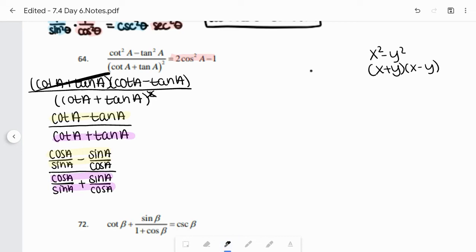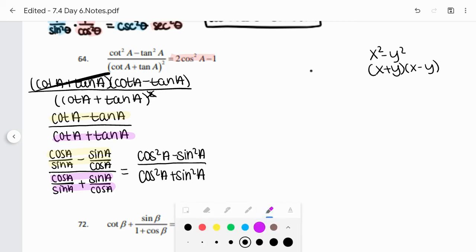Okay, so now I want to cross multiply the numerator and the denominator. So when I do that, I am going to end up having cosine squared of A minus sine squared of A all over cosine squared A plus sine squared A. Okay, and let's recall that cosine squared A plus sine squared A equals 1.